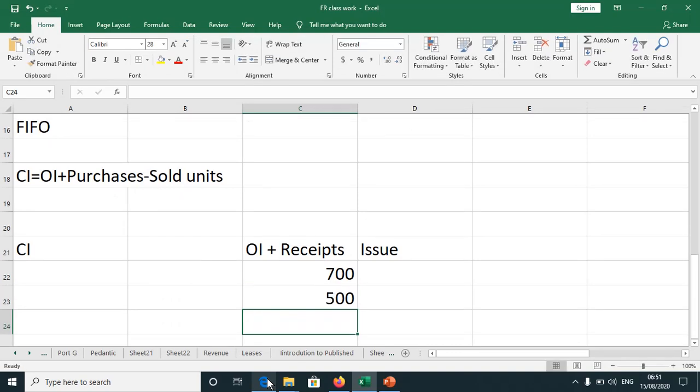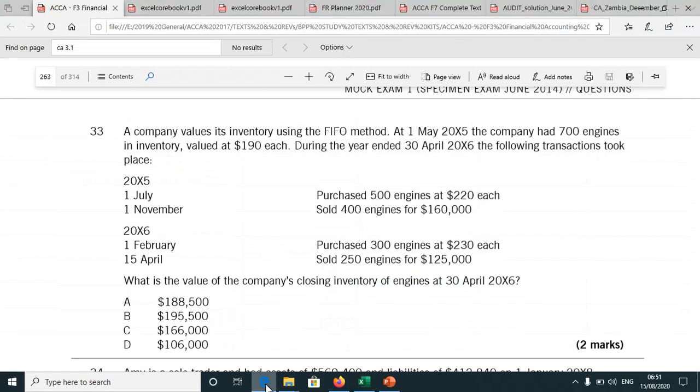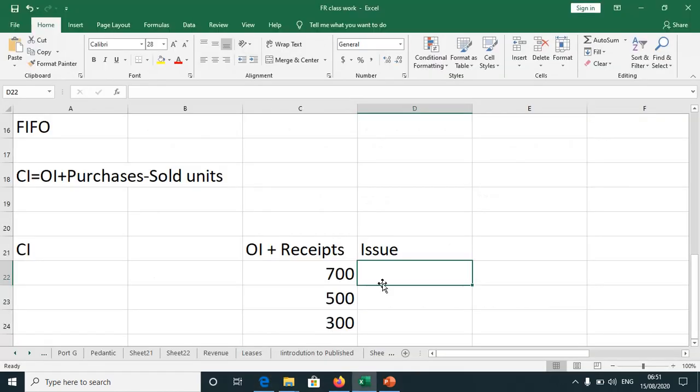So 500 plus 300. If I look at my sales, my issues, I have got 400 and a 250 there. So my first one was 400 and the other one was 250.